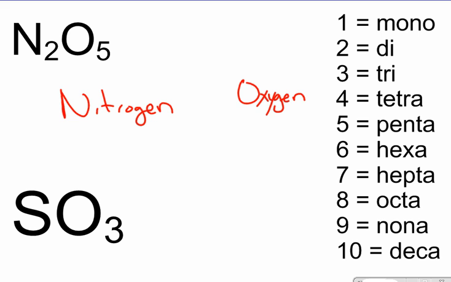The second element always gets changed to "ide," so this would be oxide. And now we just have to simply say how many of each one there are. I have 2 nitrogens, so this becomes dinitrogen. I have 5 oxides, so it becomes dinitrogen pentoxide.